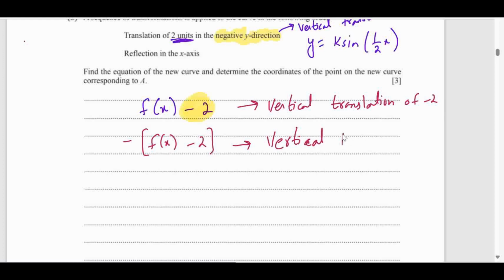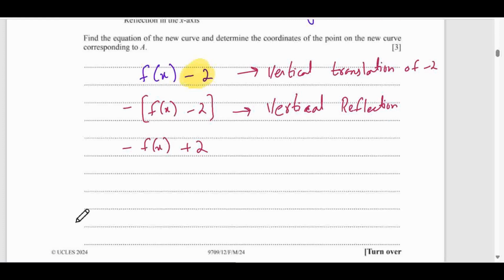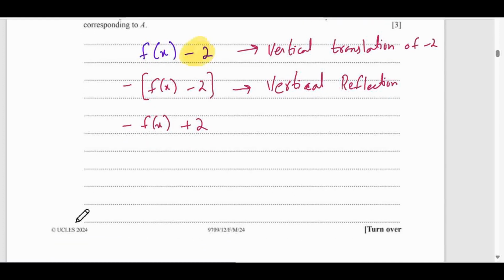And then this shows the vertical reflection, because we know that the negative sign always shows the reflection. If it is outside the bracket, it means that this is a vertical reflection. If it is inside the bracket, then this will be a horizontal reflection.